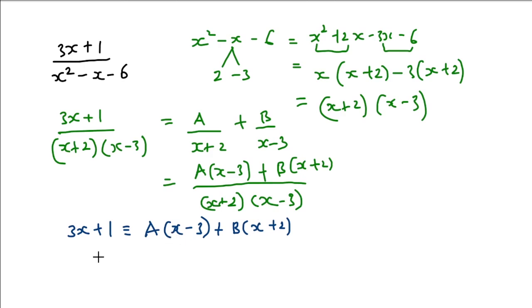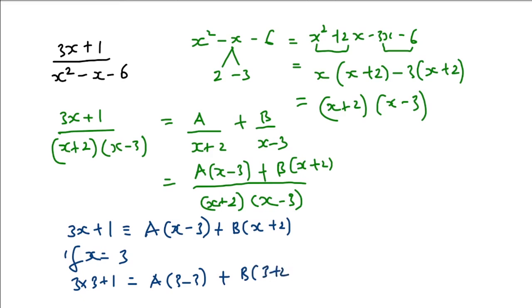And I can see that if my x is 3 and I substitute it here, this a will go. So I'll be able to find b. So substituting in the expression, we have 3 times 3 plus 1 equals a into 3 minus 3, which is 0, plus b into 3 plus 2.